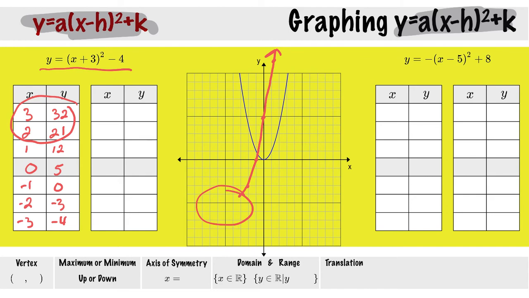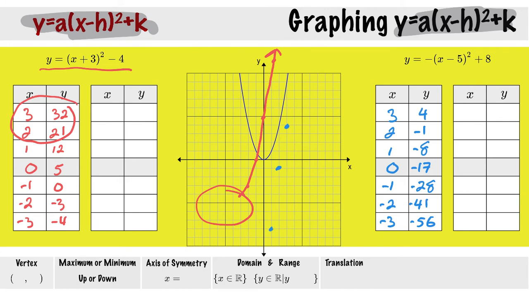The same can be said for my other example when I step away from 0 3 times. My numbers won't mirror. And that makes this a very unuseful way to chart a parabola. So I can do 3, 4, and I can do 2, negative 1, and 1, negative 8.